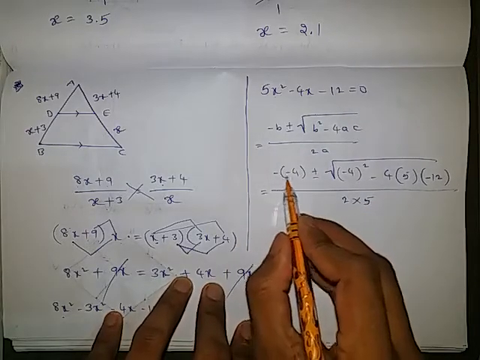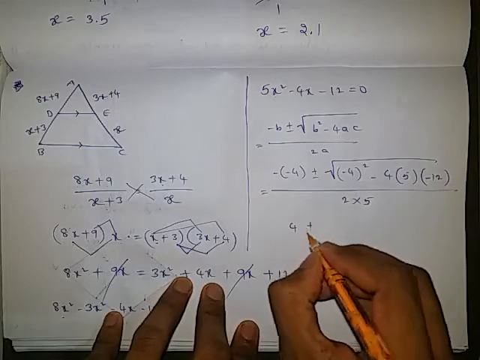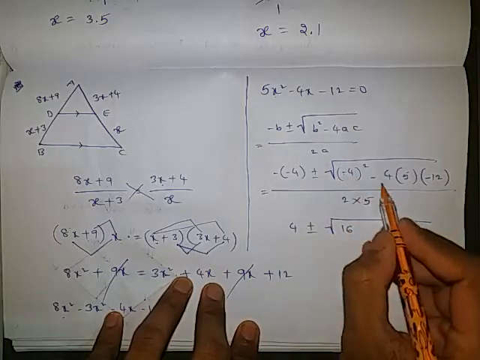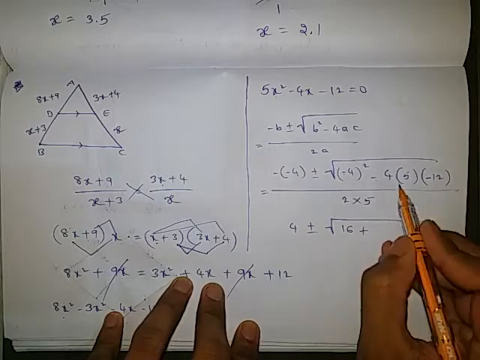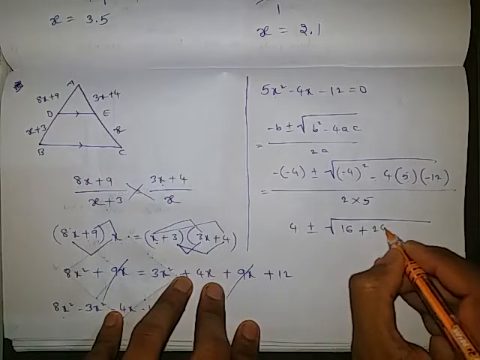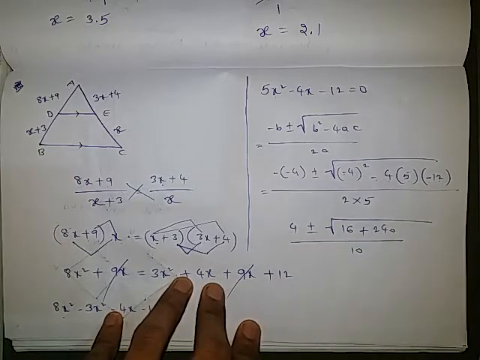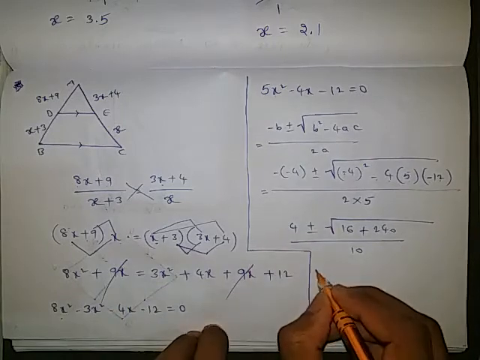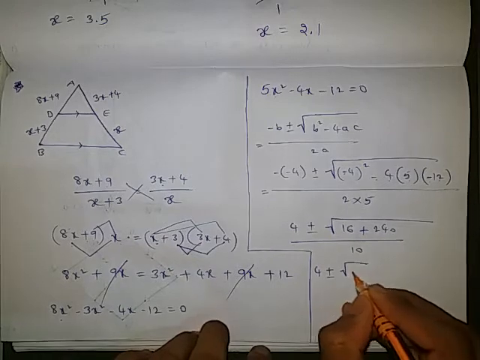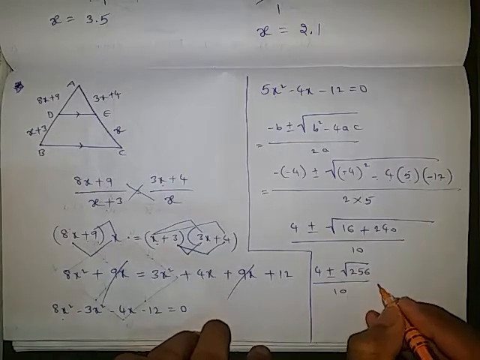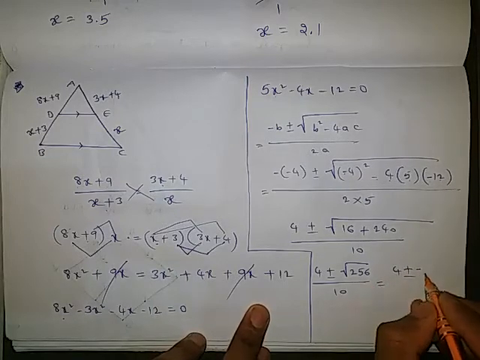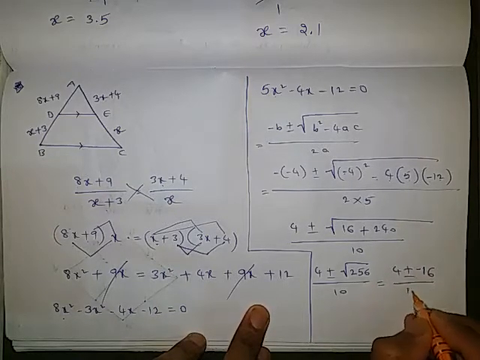So minus of minus 4 plus or minus under root minus 4 whole square 16, minus into minus plus, 4 5s are 20 into 12, 240, whole divided by 10. If we solve this, 4 plus or minus under root 16 plus 240, under root 256, divided by 10, which is equal to 4 plus or minus under root 256, 16, whole divided by 10.